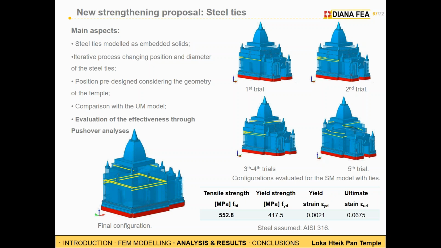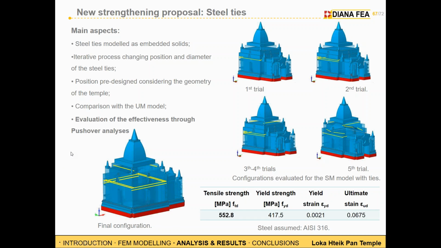And we performed an iterative process changing the position of the ties and the diameter, and it's really easy and fast to change the diameter from the DAT file, because it's just a question of changing the cross section for the steel material. And it's worth underlining that, talking about a historical monument, we had to design this new strengthening proposal considering aesthetical details and the original shape of the structure.